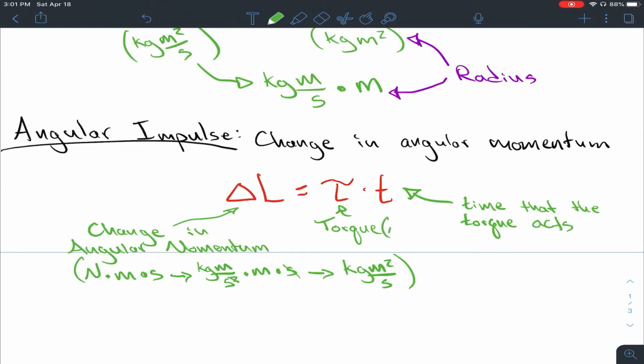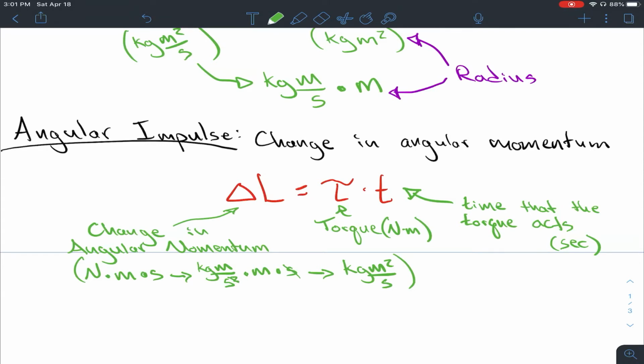Torque was still a Newton times a meter, a Newton meter, the force times the radius. And then time is just always measured in seconds. Easy peasy lemon squeezy. And so that's pretty much it. Even our problems when we solve things with angular momentum are very similar to linear momentum. We have just new variables we use to solve them.